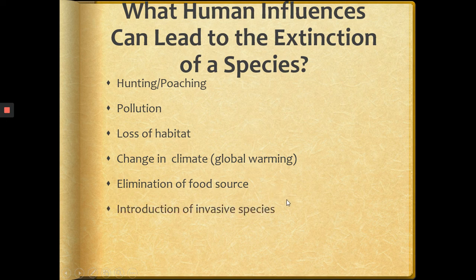Okay? And then finally, an introduction of an invasive species. I didn't get into this a bunch, but on the Galapagos, there are a bunch of feral goats that were introduced. And if you know anything about a goat, it will eat every piece of vegetation it comes across. Okay, the problem is the tortoises also feed on that vegetation. So if you think of a herd of goats feeding and this slow-moving giant tortoise trying to get something to eat, hey, it's being outcompeted by this invasive species.